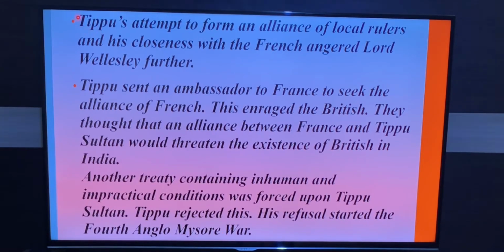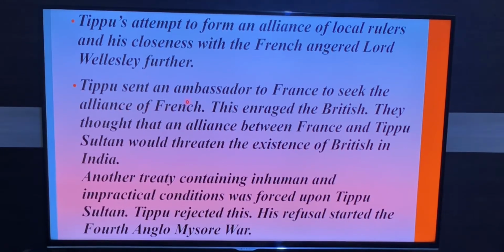As I told you in the previous slide, Tipu was defeated in the Third Anglo-Mysore War and he took it personally. He knew that he could not avoid the battle with the British, but he should be prepared for the battle. So first, he made an attempt to form an alliance with local rulers, and his closeness with the French angered Lord Wellesley.